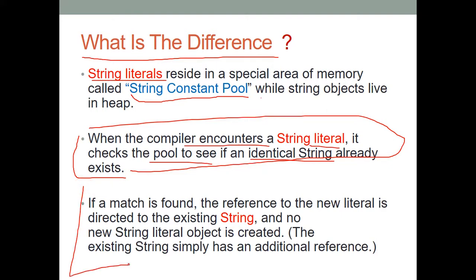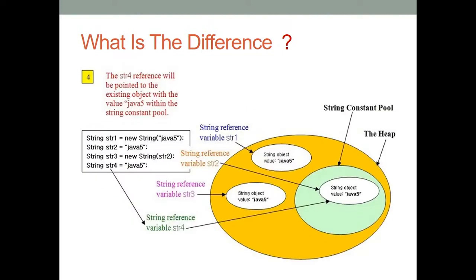If a match is found, the reference to the new literal is directed to the existing string, and no new string literal object is created. The existing string simply has an additional reference. I hope you understood.